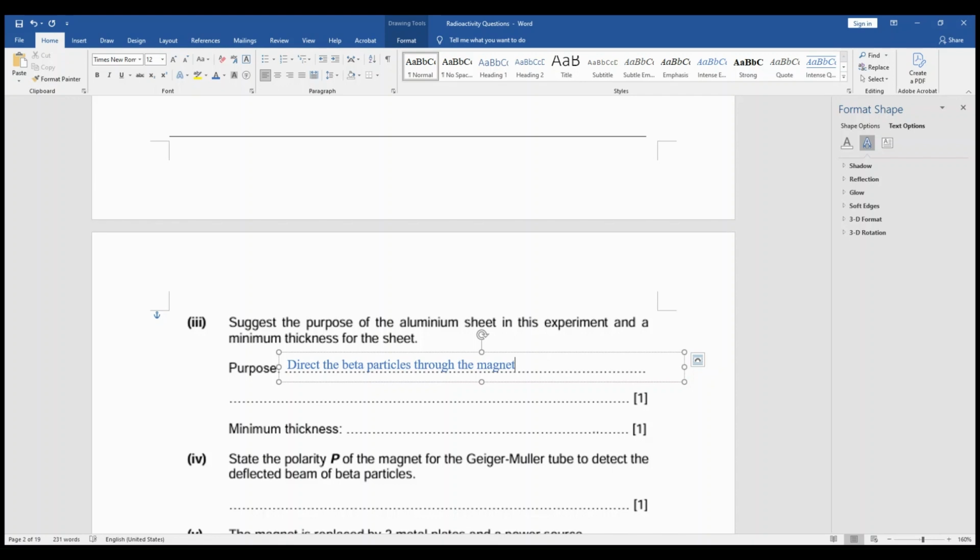I think that's a straightforward answer.